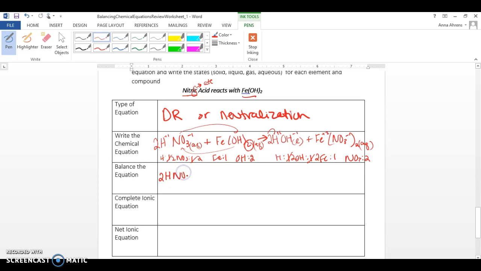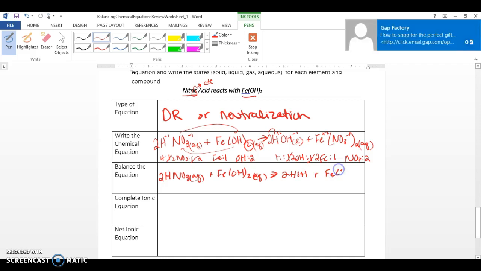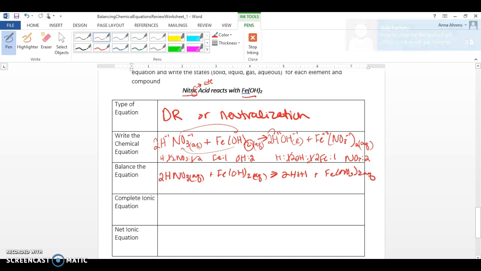2HNO3, aqueous, plus Fe(OH)2, that's aqueous, produces 2HOH plus Fe(NO3)2 aqueous. Now we're going to do our complete ionic equation.